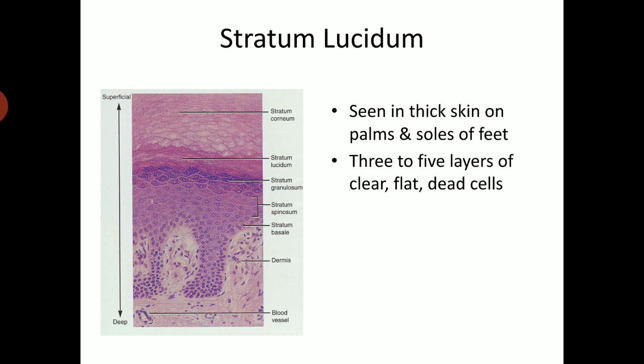The keratinocytes that compose the stratum lucidum are dead and flattened. These cells are densely packed with eleidin, a clear protein rich in lipids derived from keratohyalin, which gives these cells their transparent appearance and provides a barrier to water.